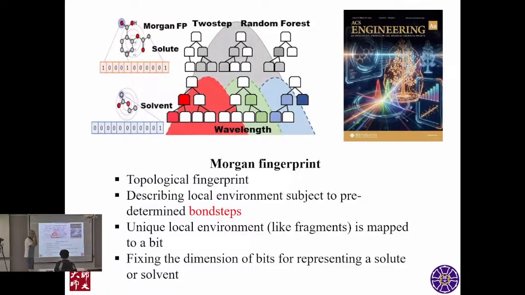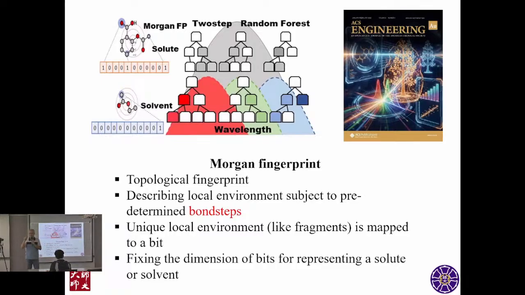So here we want to use a simple way to overcome the problem. We represent the molecule using the so-called Morgan fingerprint. Morgan fingerprint is one type of fingerprint. You just count the number of functional groups around the molecule. Basically, you take an atom and ask what the neighbors around the atom are, within a certain distance.